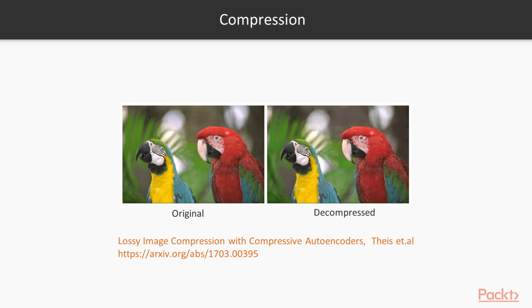Once the high dimensional data is converted to a reduced dimension with essential features, the resultant representation can be treated as a compressed version of the original data. It can later be decompressed with the decoder part of the autoencoder, which will be a lossy version of the original data.